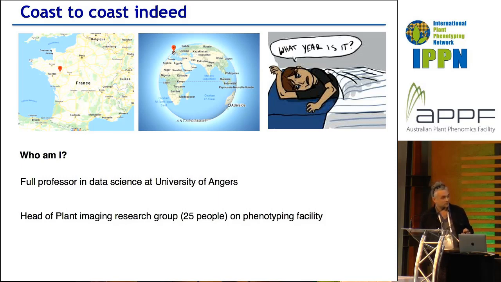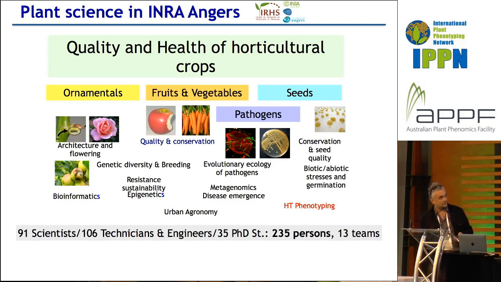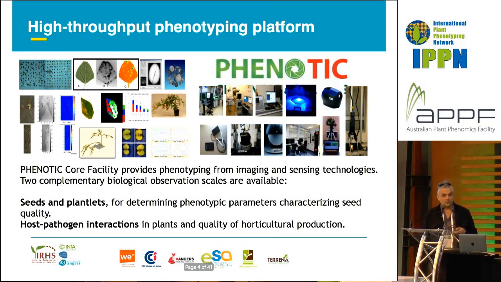Who am I? As has been said, I'm also heading a plant imaging research group of this phenotyping facility that we have in Angers. Let me give a brief presentation of this. We care about the quality and health of horticultural crops. This is something about 200 staff, and we are part of it in the high-throughput phenotyping facility. We care, in this facility, about two scales, seeds and plantlets, and also about host-pathogen interactions.